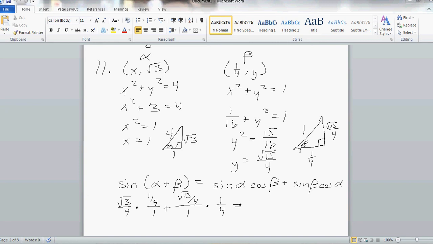And so we just need to do some simplifying here. This becomes root 3 over 16 plus root 15 over 16, and combining them all into one compound fraction, root 3 plus root 15 all over 16.